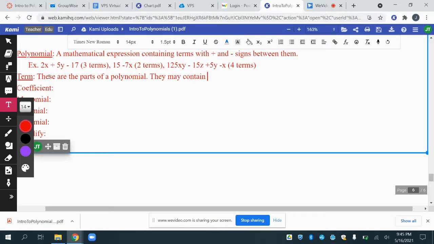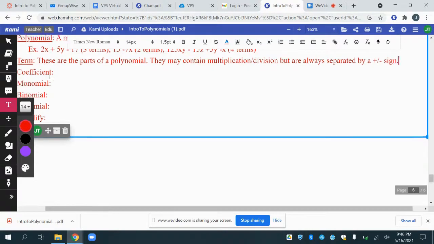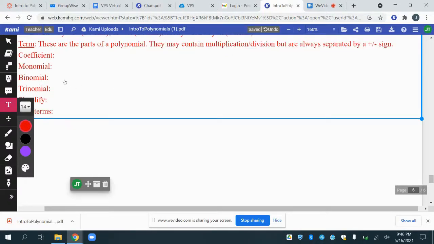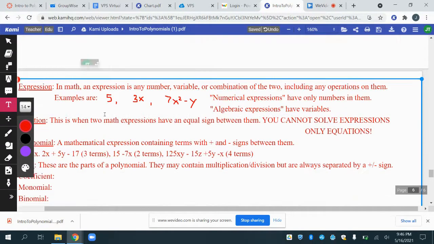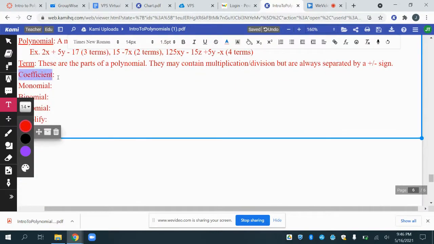They contain multiplication, division, but are separated by a plus or minus sign. Right? So that's what terms are. Efficient. Look at all this information you have. Okay, so this is so that you can have it. You need to have it if you're having troubles.